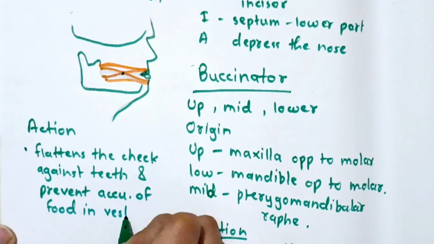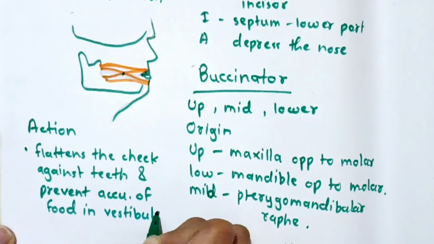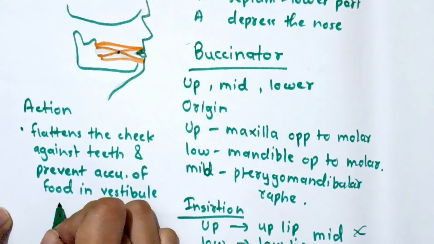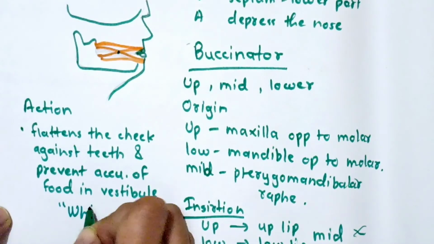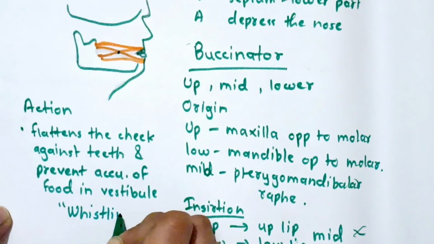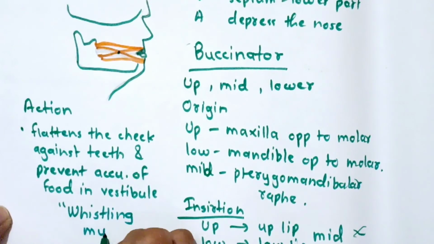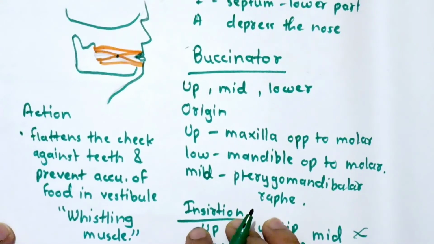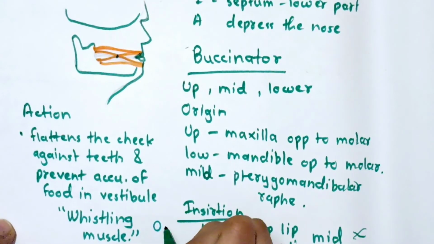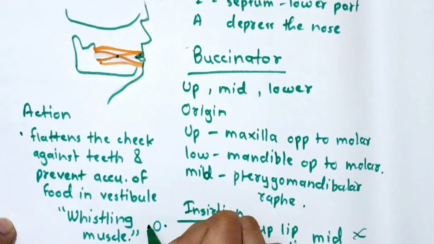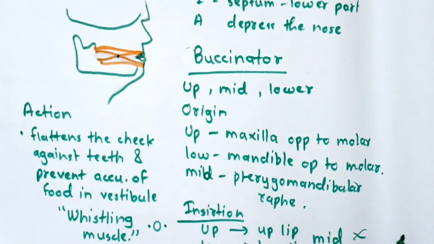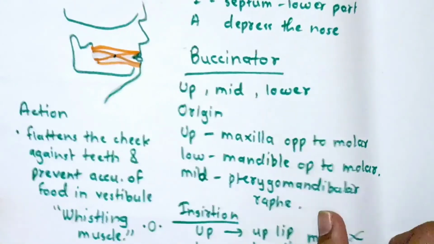It is also known as the whistling muscle, because in whistling, when we protrude our lips in this round position, our cheeks compress. So this is about the buccinator muscle.